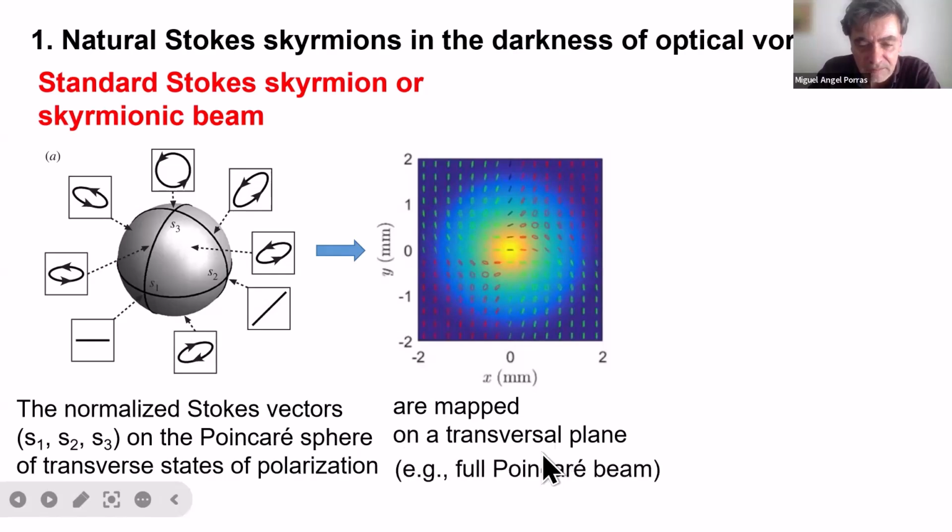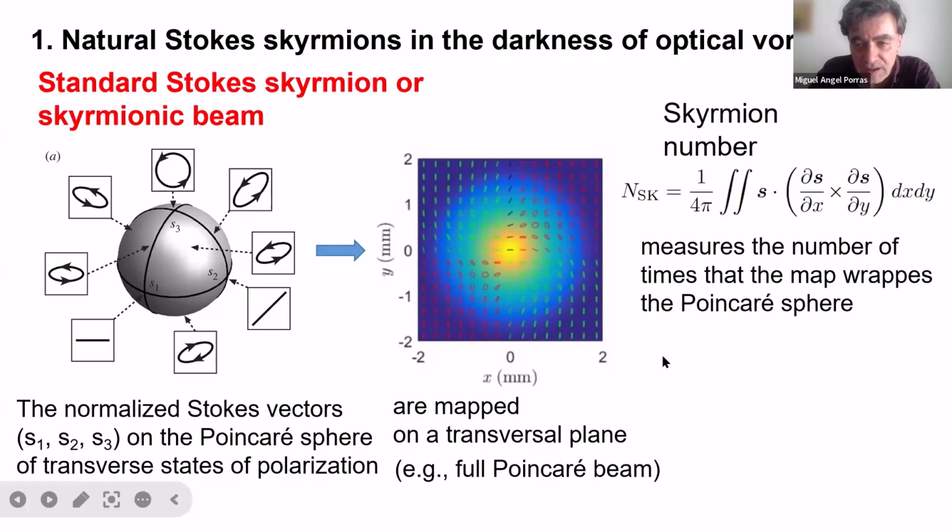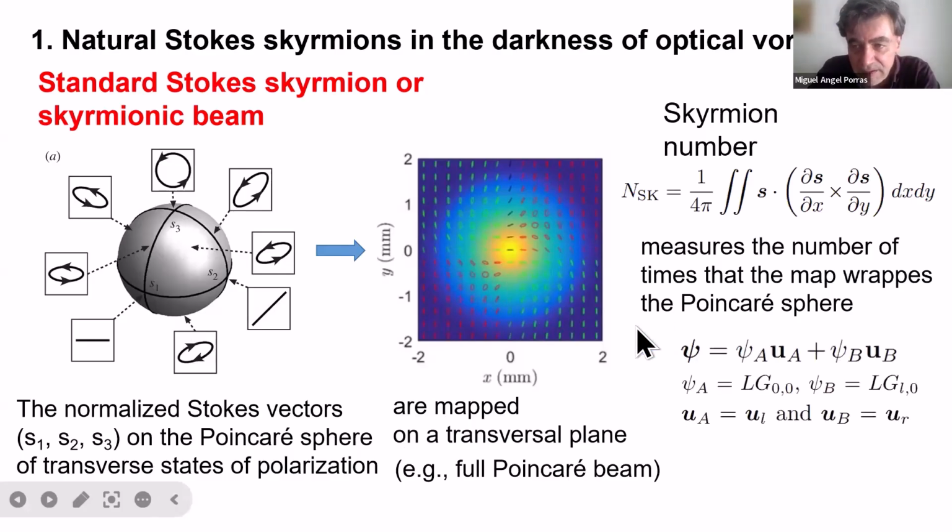For example, the well-known full Poincare beams display all possible transverse states of polarization in a transversal plane. We also have the Skyrmion number, which measures the number of times that the map wraps the Poincare sphere.